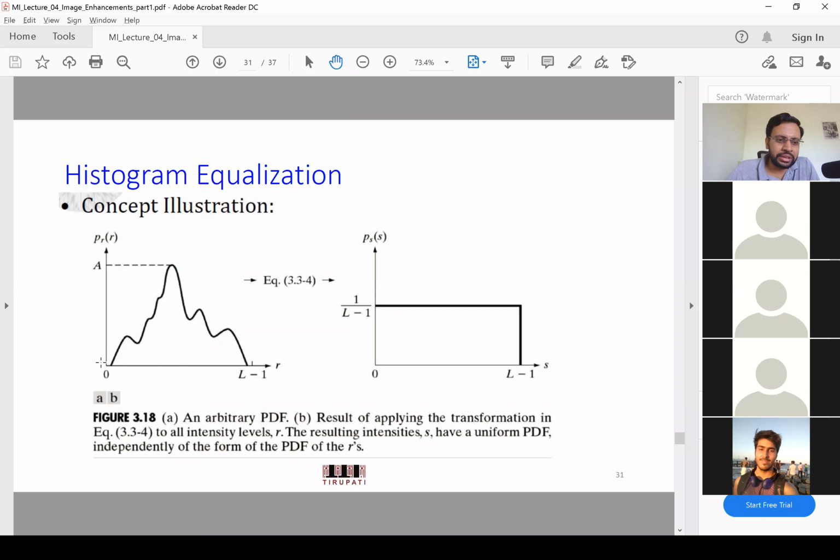Assume that I have a probability density function, and I compute the CDF out of it. Now I am talking in the continuous domain, where R is a continuous variable, forgetting about the intensities.